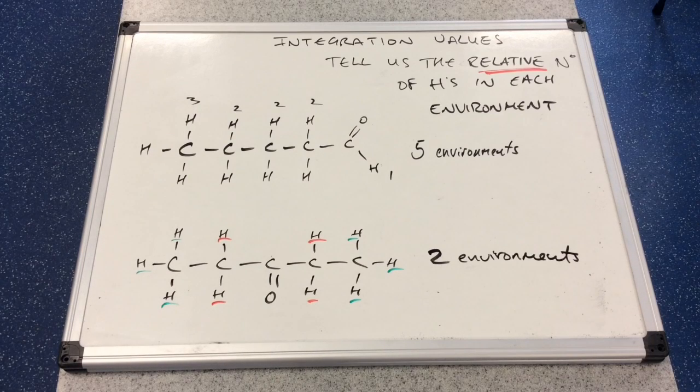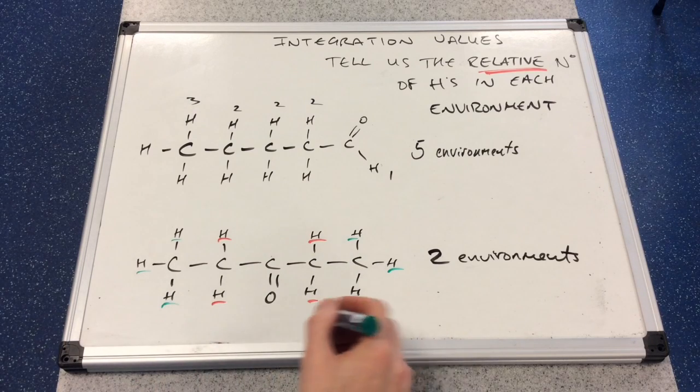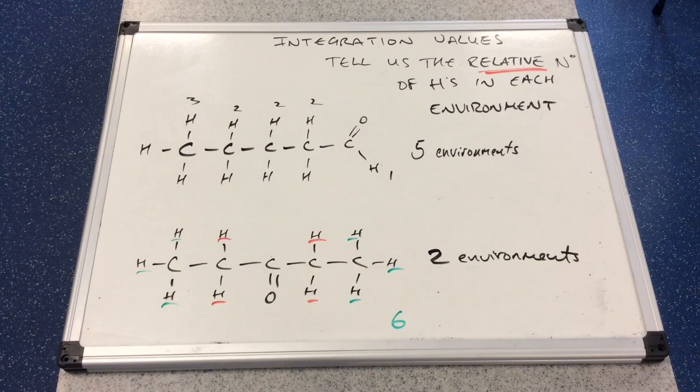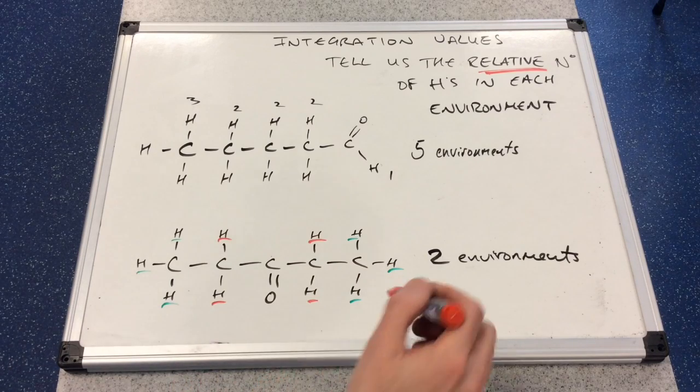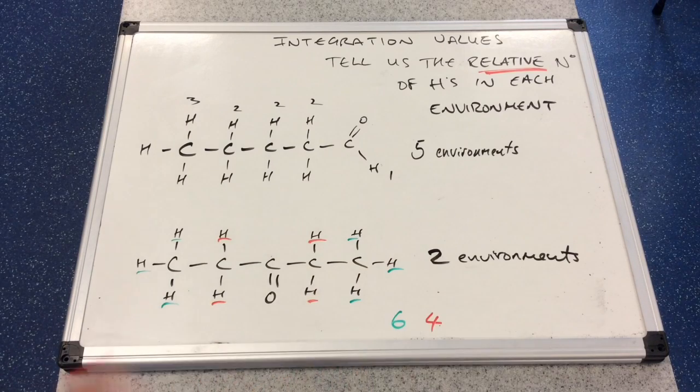So if we think about the relative peak area, or the ratio of the areas of the peaks, we've got 6 greens to 4 reds. So that's a 6:4 ratio. Now that can obviously be simplified, so the numbers that would be drawn on the peaks corresponding to these protons would be 3 to 2.